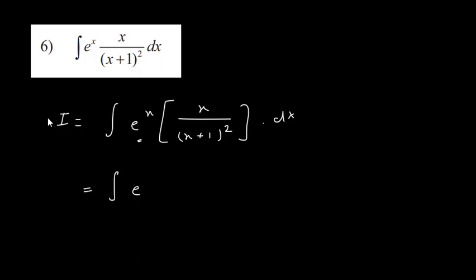So for that I will start with e power x. Now I can observe that in the denominator it is x plus 1 the whole square. This numerator I can write as x plus 1, so for that I have to add 1 and subtract 1.